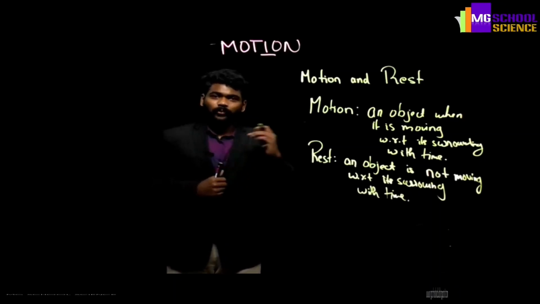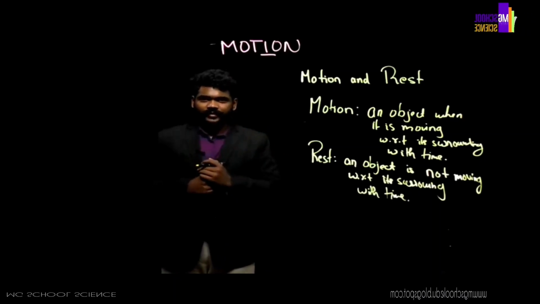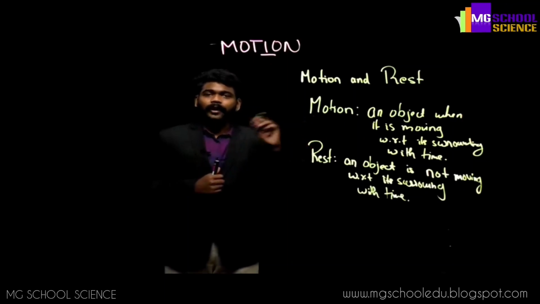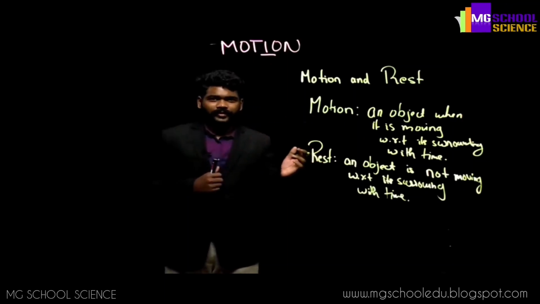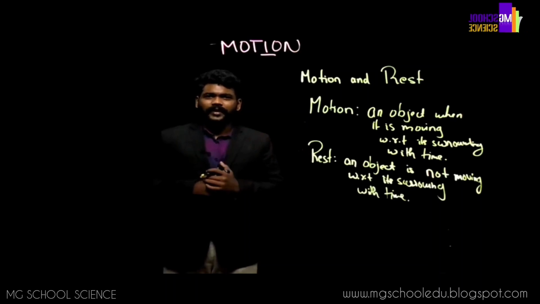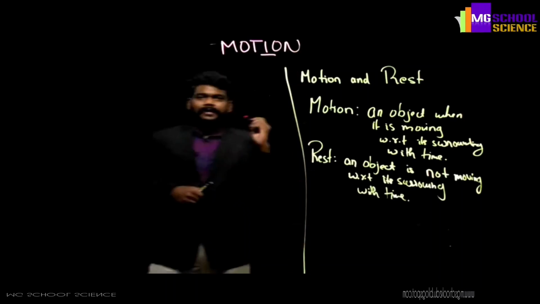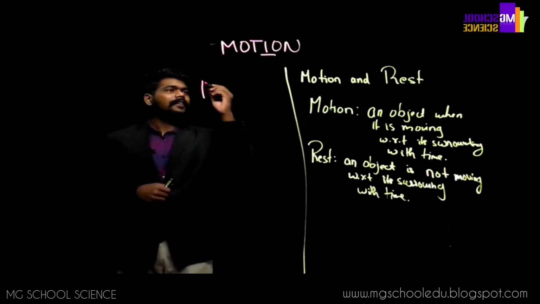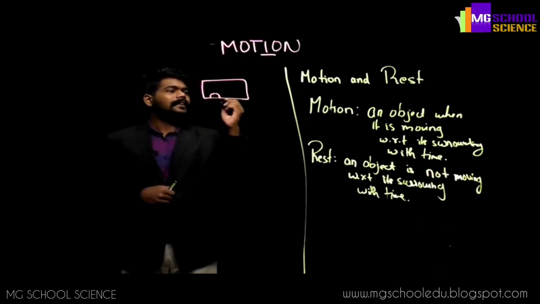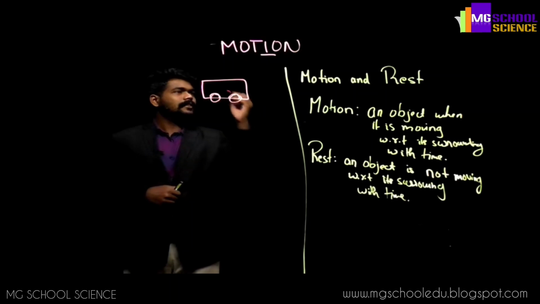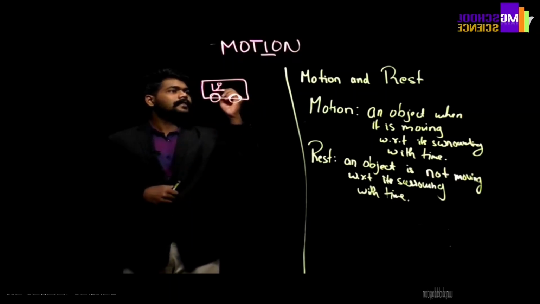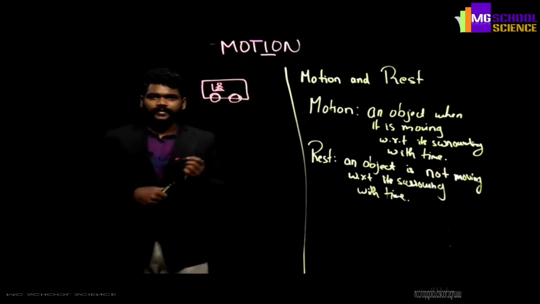Whenever an object is in motion seen by a person, for another person, that object might not be in motion. It's a little confusing, right? Let's see this through an example. Take an example where you are traveling in a bus, sitting in a seat.